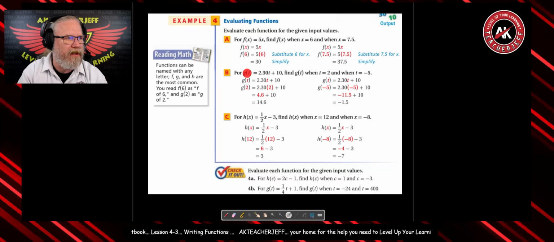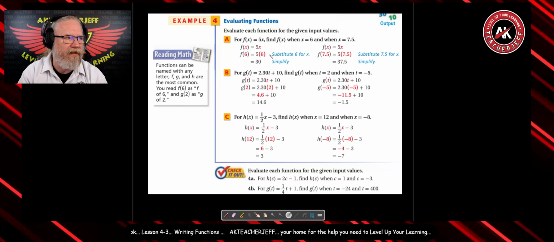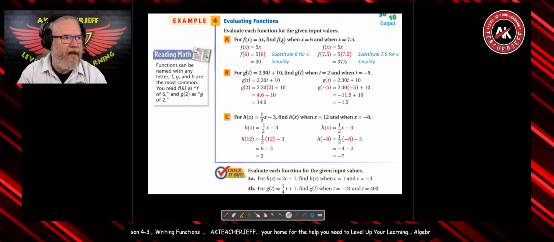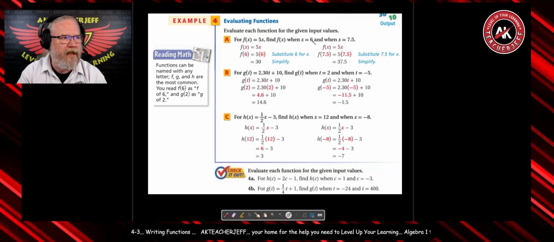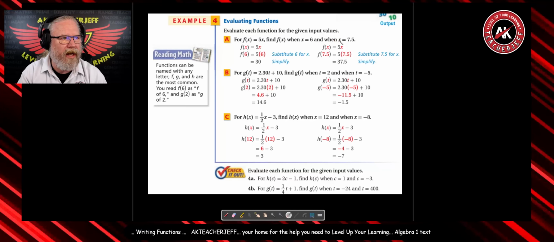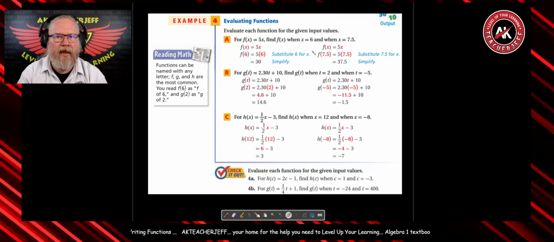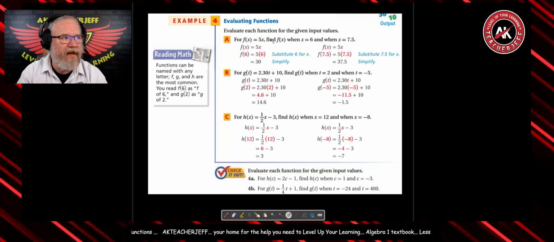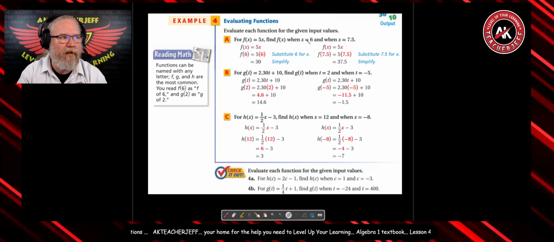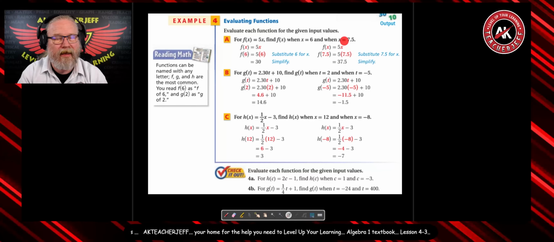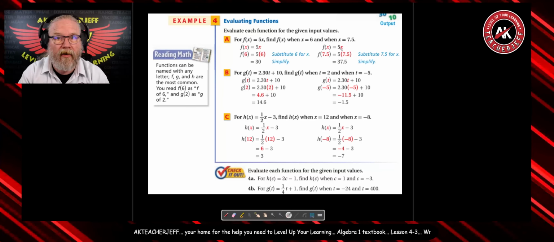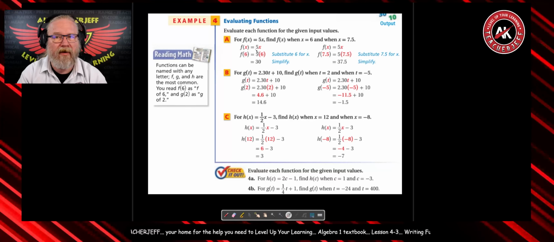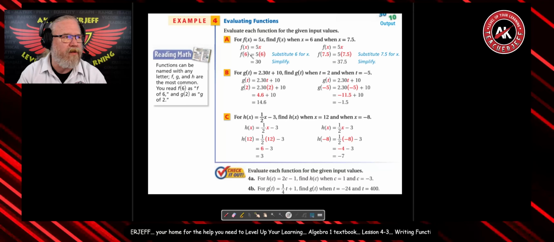But the point is that G of T is just the same thing as F of X. So for F of X equals 5X, find F of X when X equals 6 and when X equals 7.5. Now, this might really sound confusing, but if I said y equals 5x, find the value of y when x equals 6 and when x equals 7.5, you'd be like, oh, I know how to do that. Now, all of a sudden, this f of x thing starts to sound a little more confusing. So if you want, again, just think of it as y.